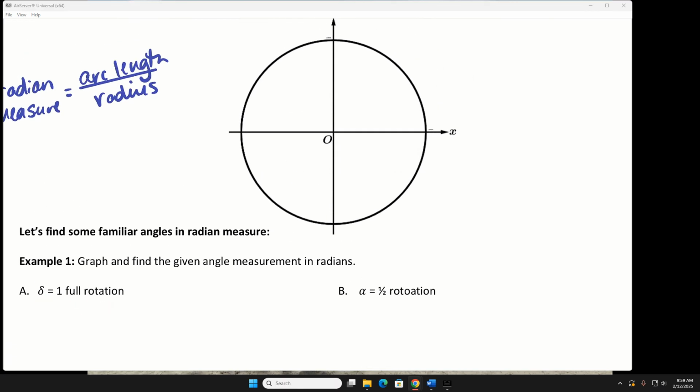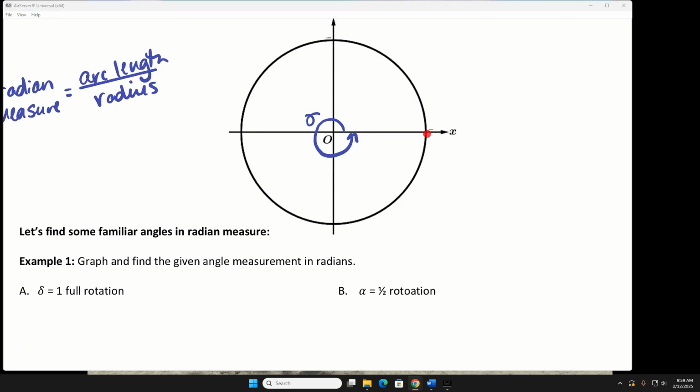So let's graph 1 full revolution. It's going to be like this. It's not great. We want to change that 1 revolution to radians.